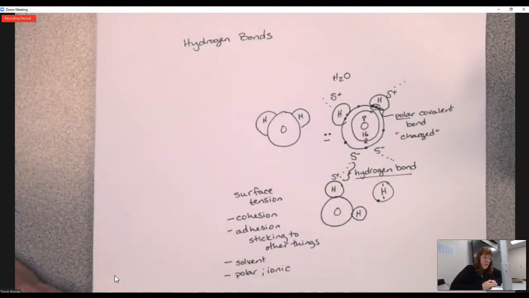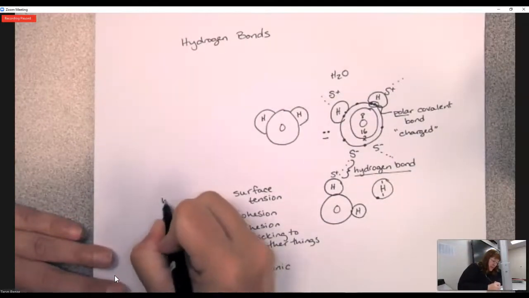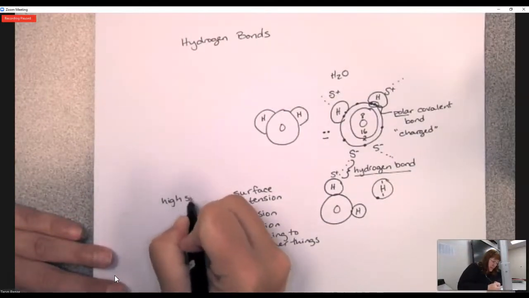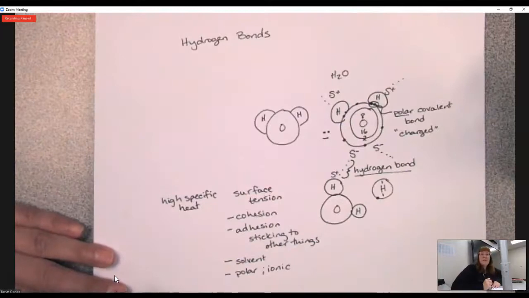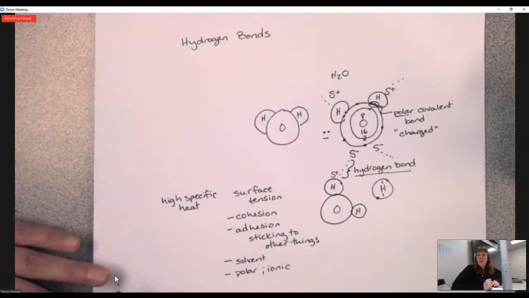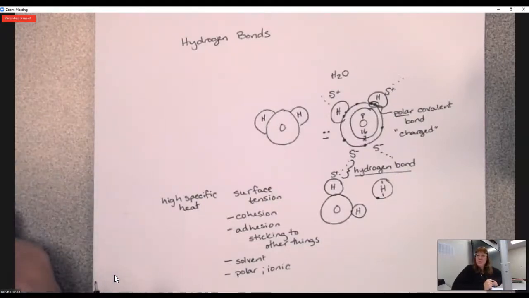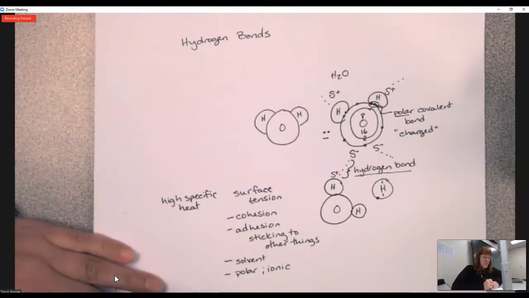It doesn't heat up or cool down very rapidly, so that's nice. That's called a high specific heat, and that keeps Earth functioning properly, and it also helps even just individual bodies stay thermoregulated so that we can keep sort of a constant temperature and a very narrow range of temperature variation, and that's mostly due to water.